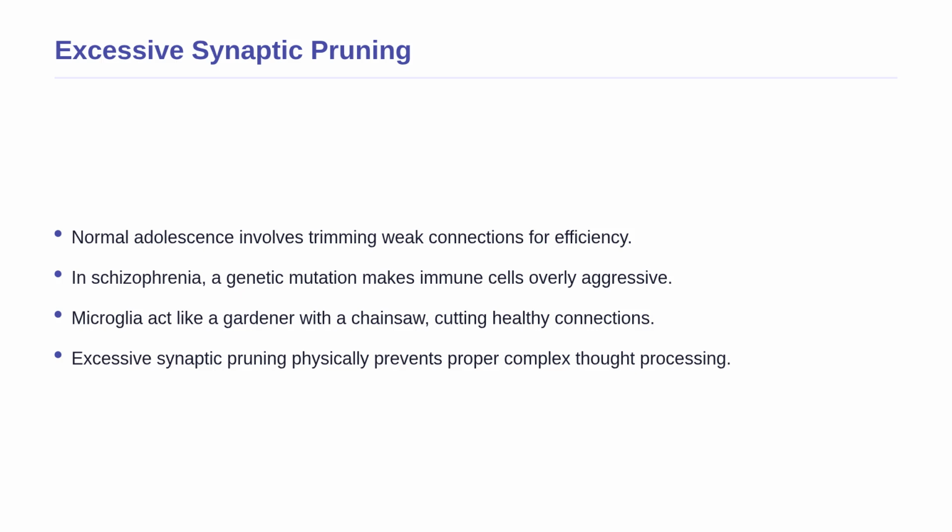However, in patients with schizophrenia, a genetic mutation causes the brain's immune cells to become overly aggressive. They act like a gardener with a chainsaw, cutting away far too many healthy, necessary connections. This destructive process, called excessive synaptic pruning, physically prevents the brain from processing complex thoughts properly.